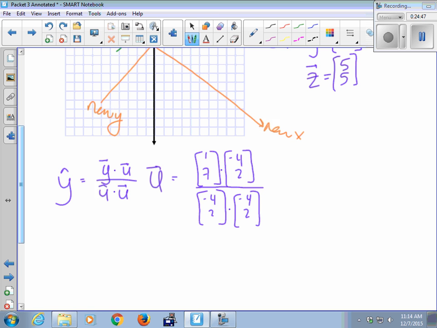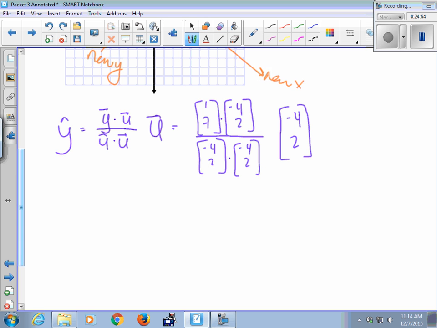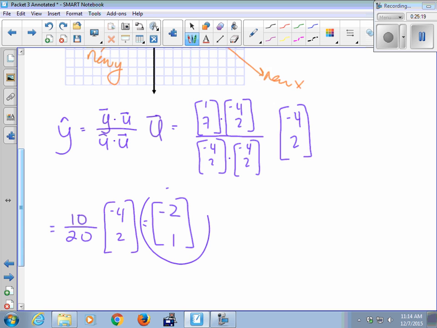And then I'm going to multiply it by the vector negative 4, 2. So this first dot product, I get negative 4 plus 14, which is 10. And then the dot product on the bottom, I get 16 plus 4 is 20. So that's 1/2 times the vector negative 4, 2. So I get negative 2, 1. So that's my real y hat, negative 2, 1.